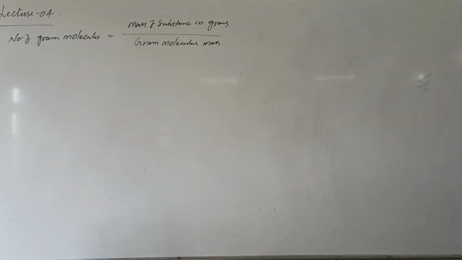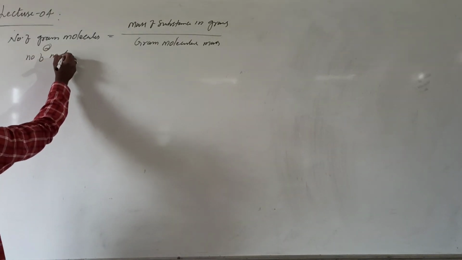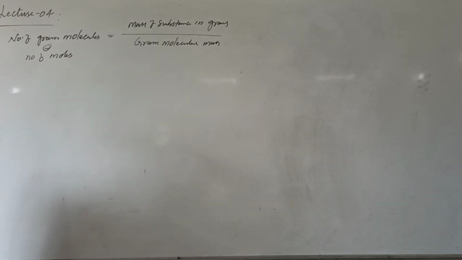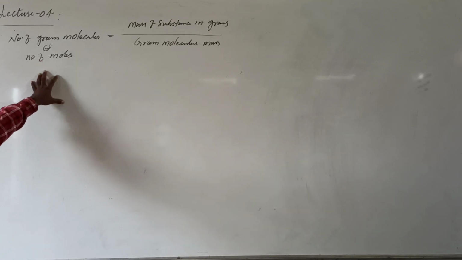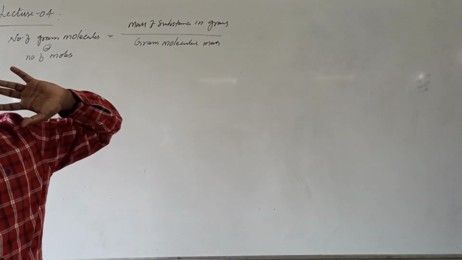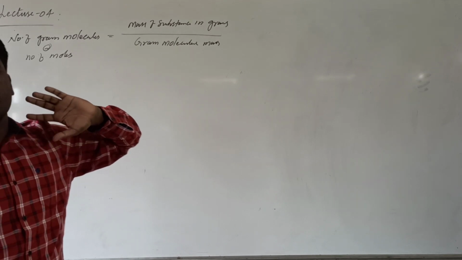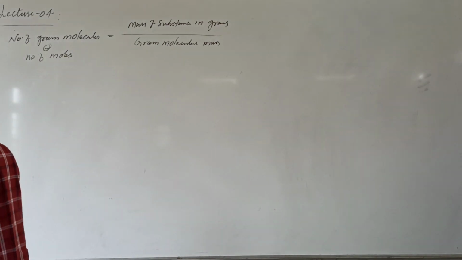In other words, this is nothing but the number of moles. Now, don't confuse number of gram molecules with number of moles. 1 gram molecule is always equal to 1 mole of substance, and the mass of this 1 mole of substance will be equal to the molecular mass, right?